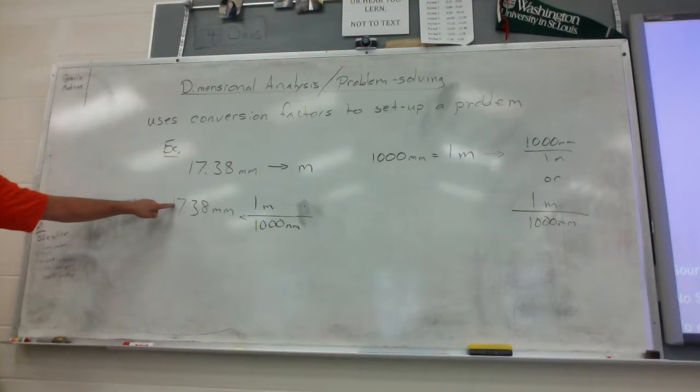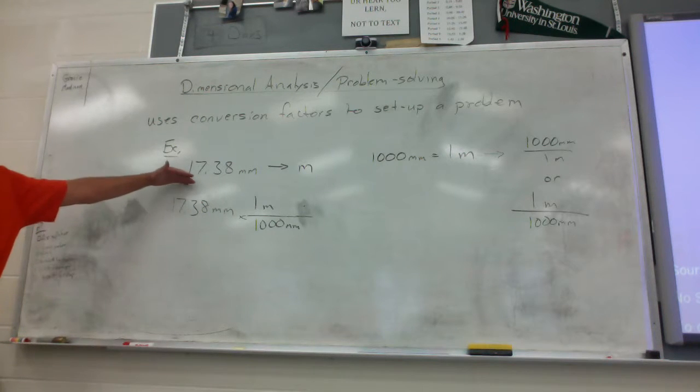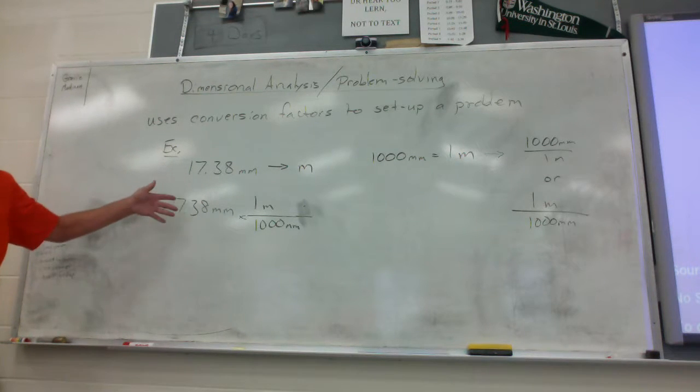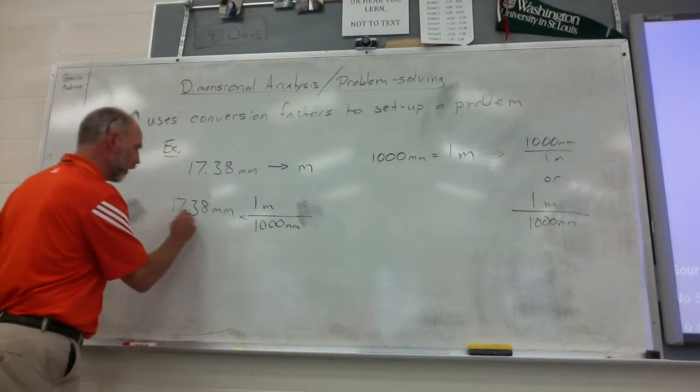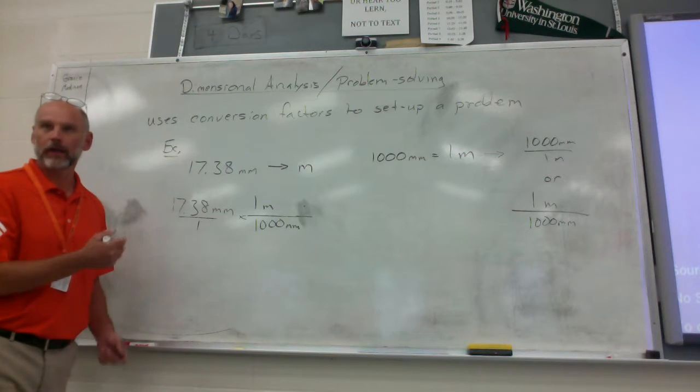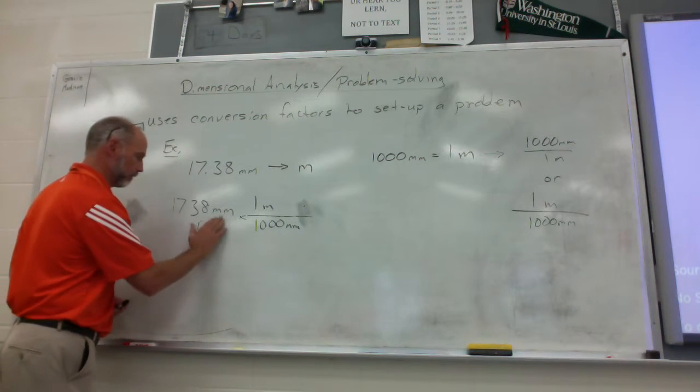Where is this 17.38 millimeters? Is it in the numerator or denominator? It's in the numerator. Is there anything above it? No, so it's in the numerator. It's an understood one, but it's in the numerator.